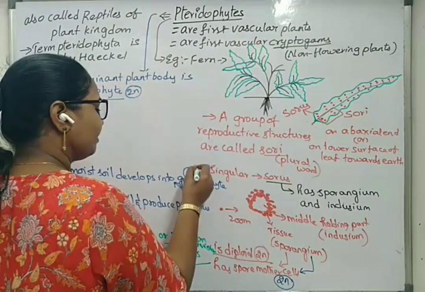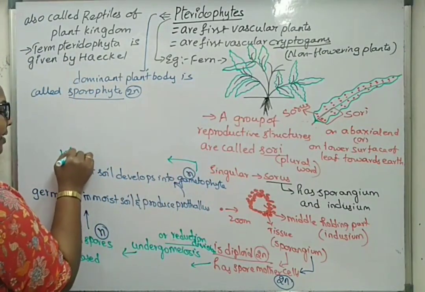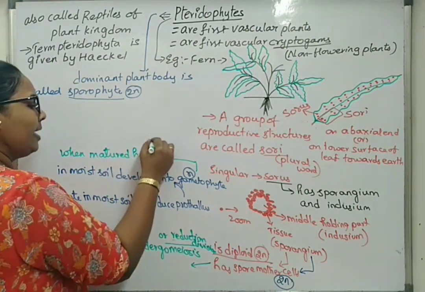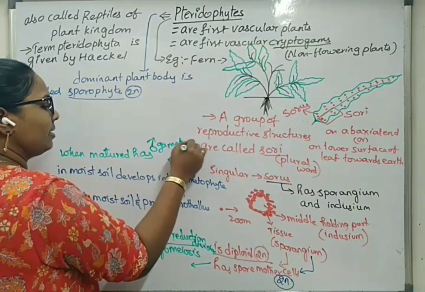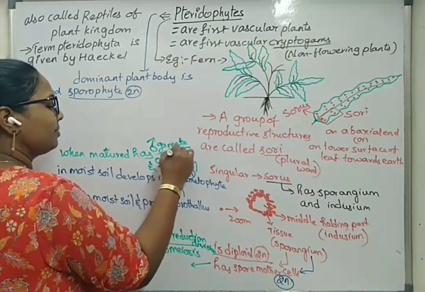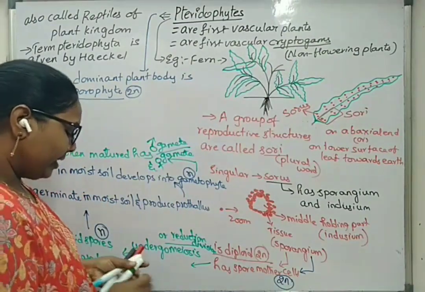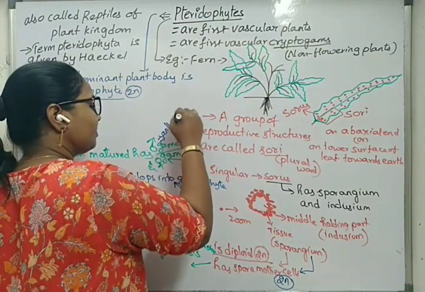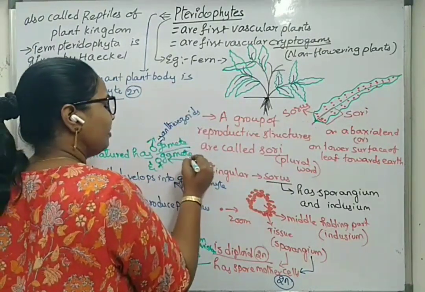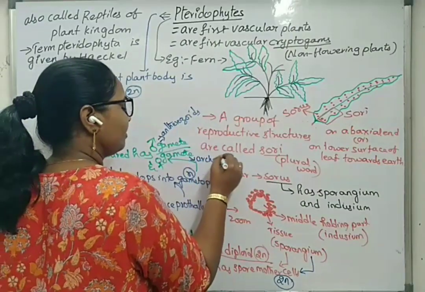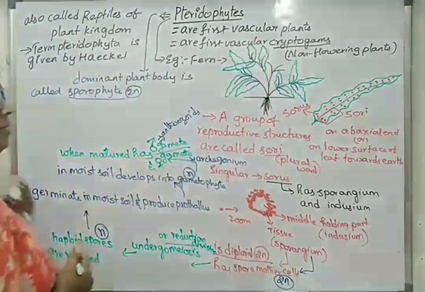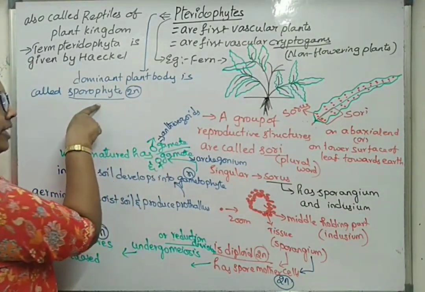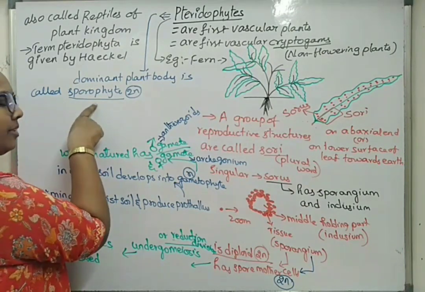When matured, this gametophyte has male gametes and female gametes. The male gamete organ is called antheridium, producing antherozoids. The female gamete organ is called archegonium. The development of this gametophyte has no relation with the sporophyte for nutrients.